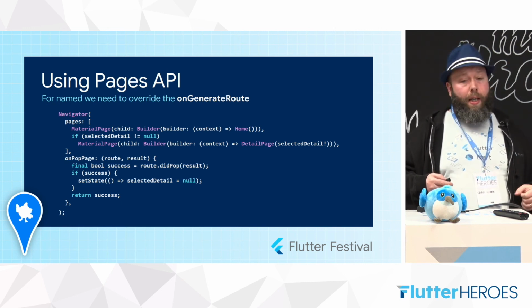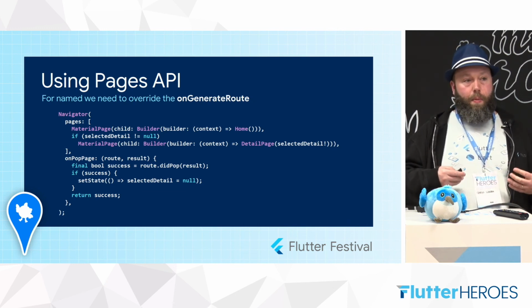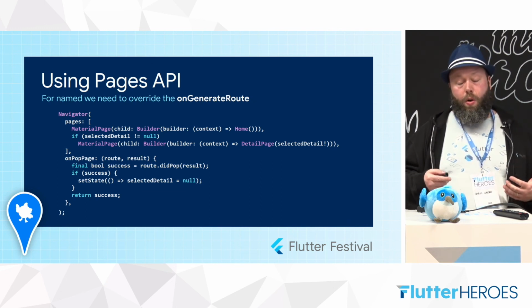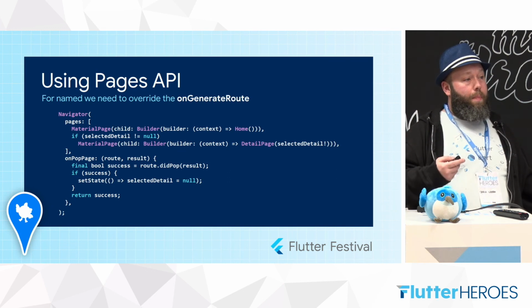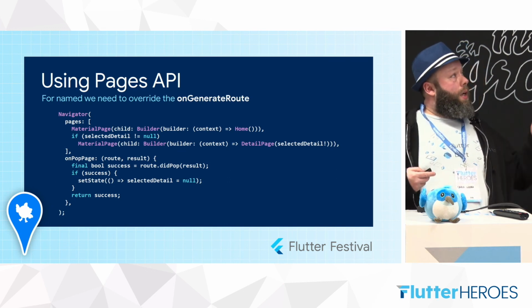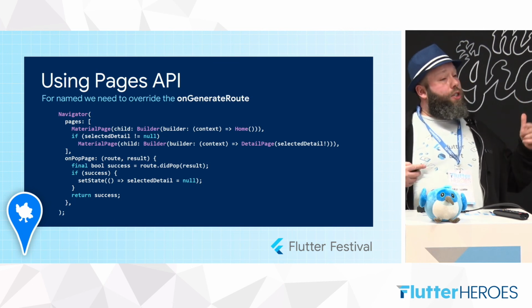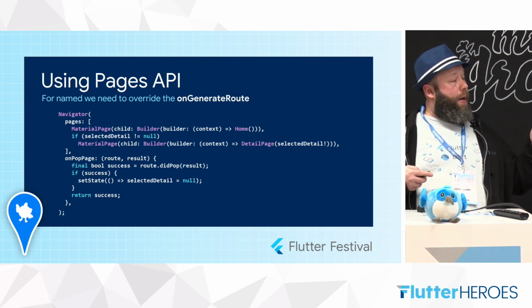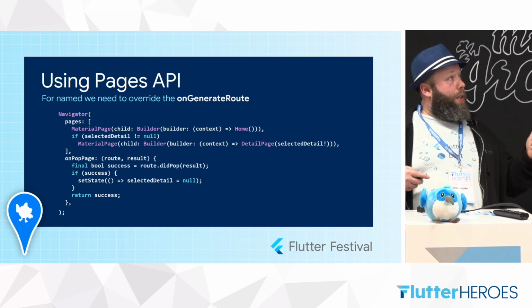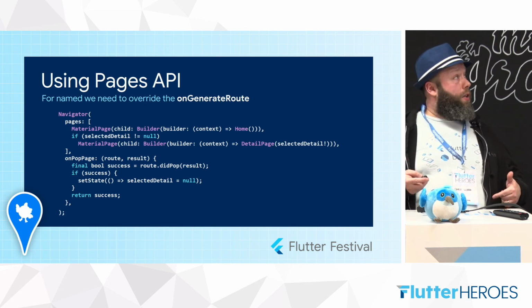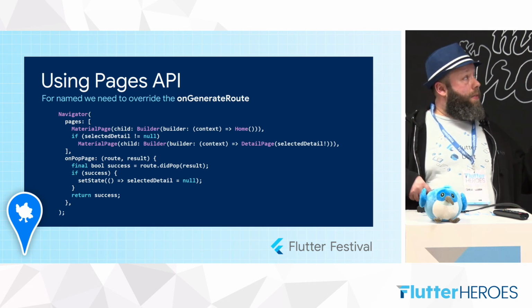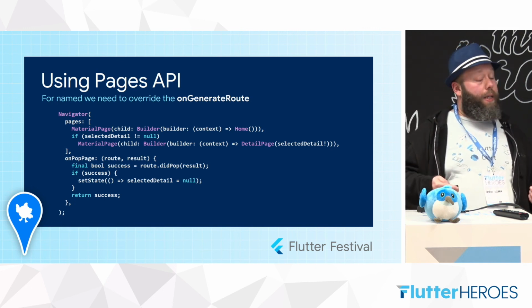But this can also be done with a more complex state management. For example, if we are using BLoC, I will have my BLoC on top of the navigator, and I will change my variable in the BLoC. This will notify the change to the children, and the navigator will update accordingly.